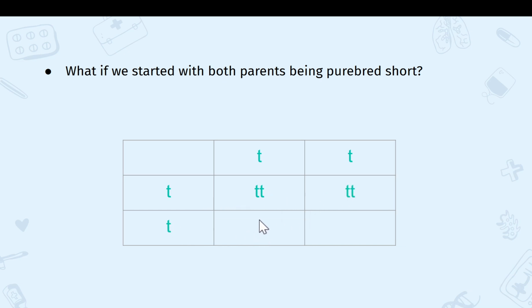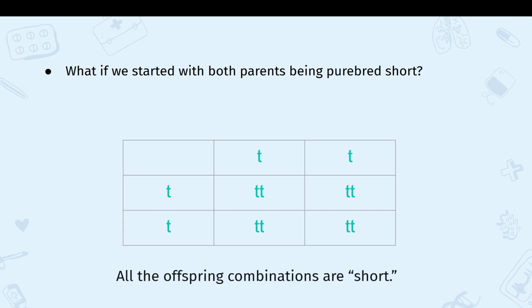In this box, short and short. See where this is going still also, right? And short and short. So if I have two purebred short plants, I'm going to get a whole bunch of offspring that only have the short gene, so they're all going to be short. Okay, so this is just like Mendel was seeing when he did his experiments.